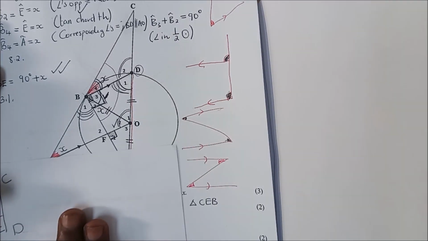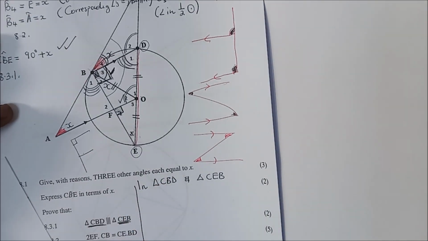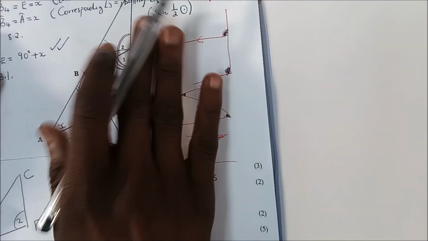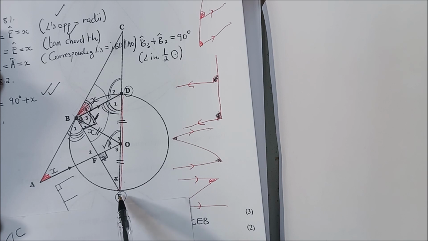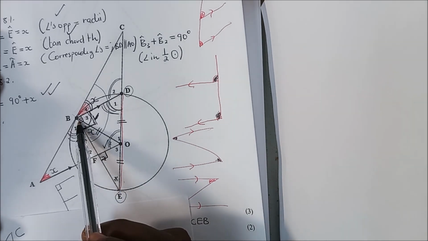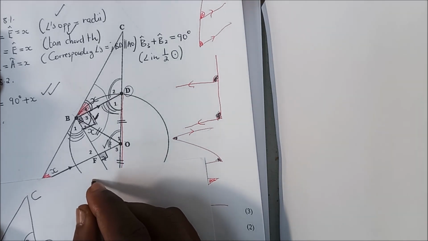So now let's go ahead and draw the second triangle from the question, which is CEB. So this is C, and then this is E, and then that's B. So we have this triangle, the bigger one. That's something like this.